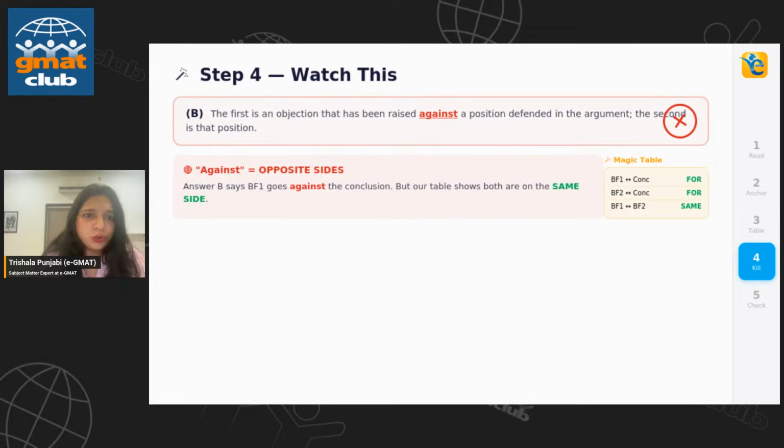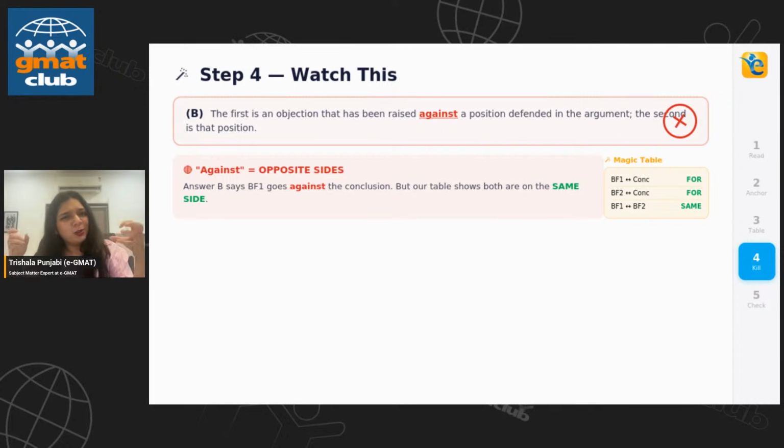And I'm going to show you how you analyze each and every single answer choice. First, you read the first part, okay? The first is an objection that has been raised against a position which is defended in the argument. So basically, this is very confusing, convoluted language. And that's how they try to trap you in boldface, by using convoluted language.